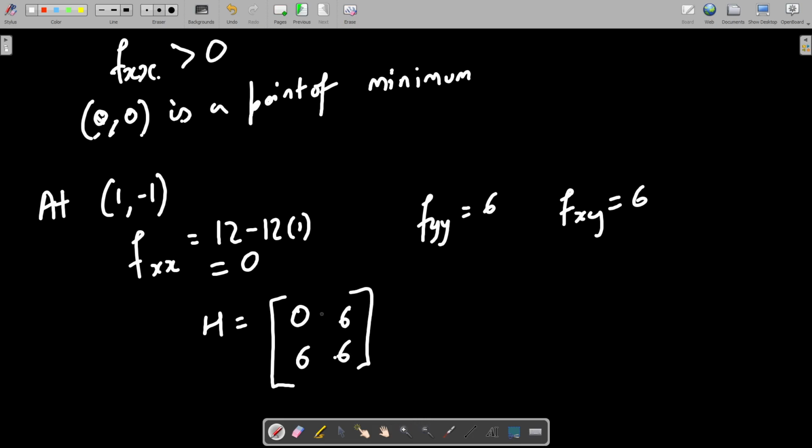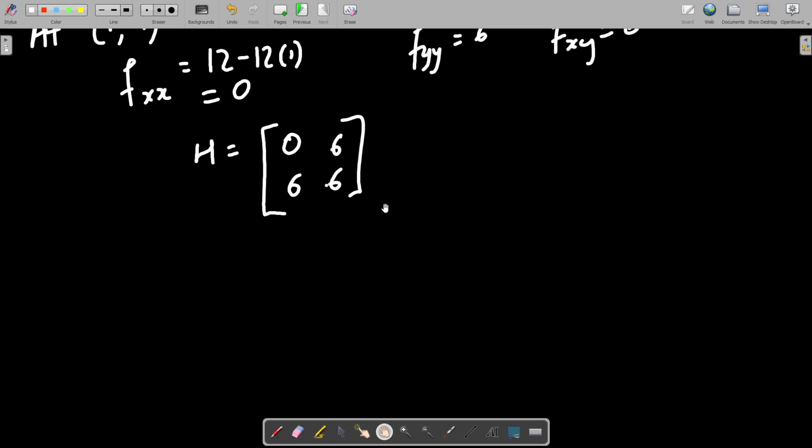So the Hessian turns out to be negative. Not the Hessian, sorry, the determinant of the Hessian is negative, or the principal minor over here is negative. So this delta value, which is going to be 0 into 0 minus 36, is minus 36, which is less than 0.